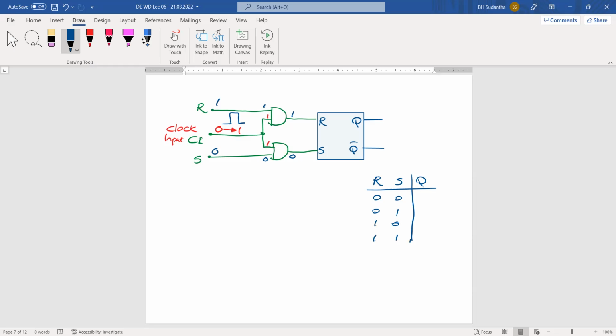Have we touched the inside things of the flip-flop? No, we haven't touched anything inside the flip-flop. We have added something outside. Because of that, the flip-flop truth table will not be changed. But one thing will be changed. What is that? This timeline.